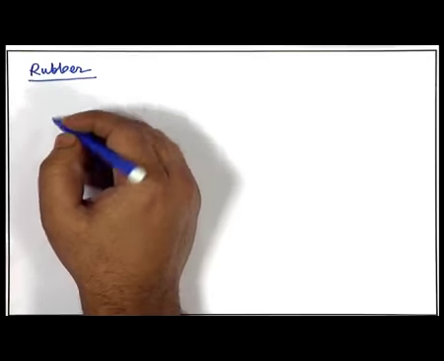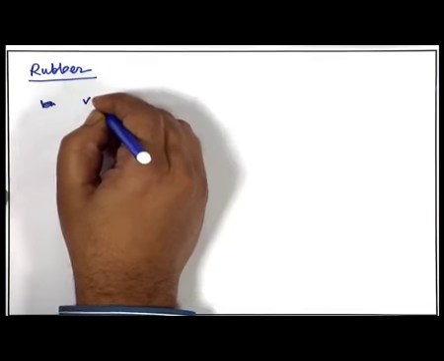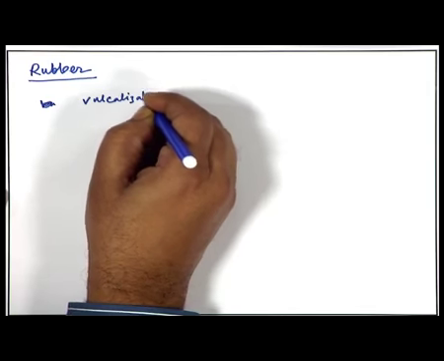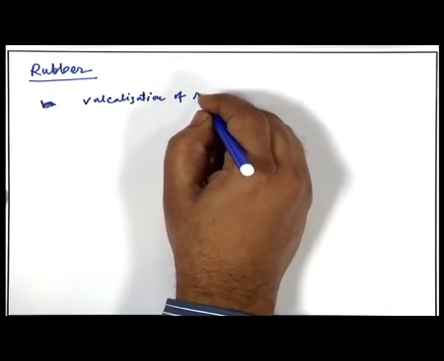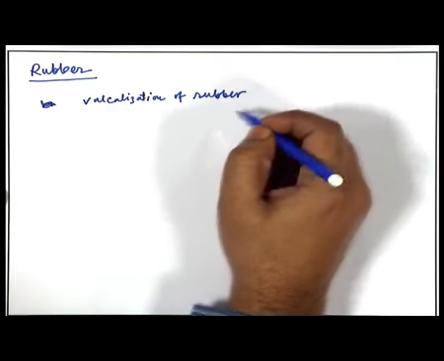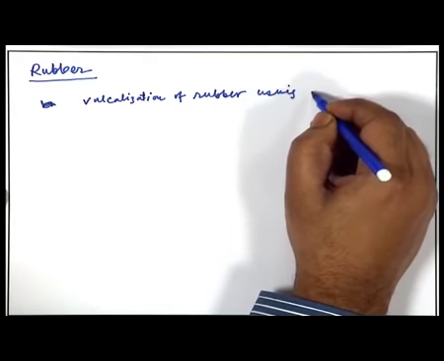So, in the 19th century, with the discovery of vulcanization, the applications of rubber expanded in many areas. It was the discovery of vulcanization of rubber using sulfur.